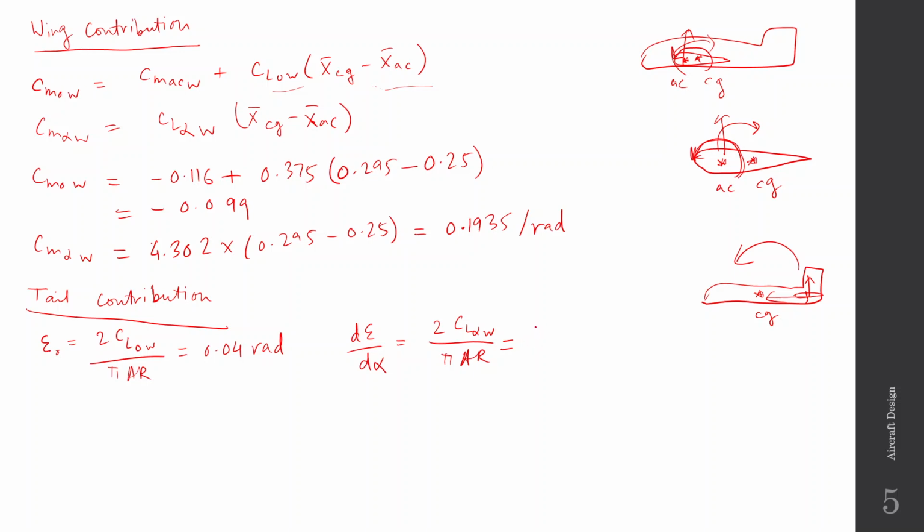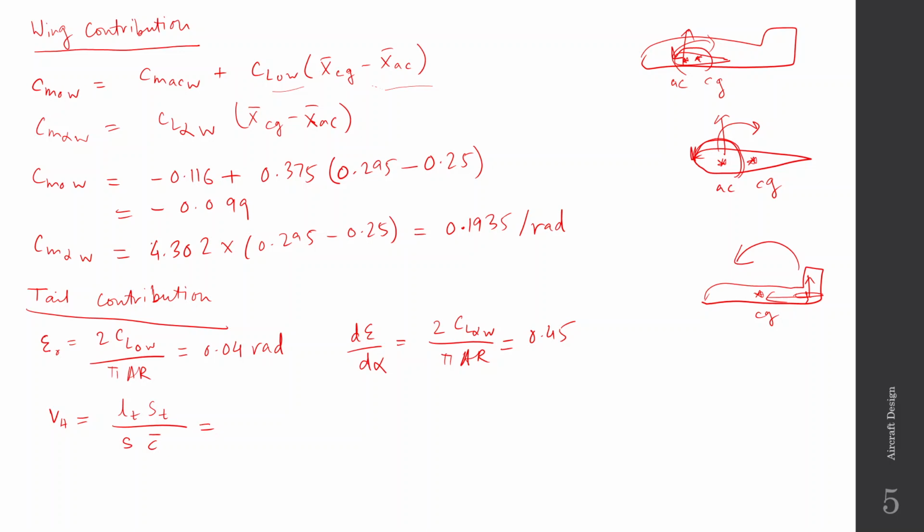So now you can calculate this as 0.45. Next we have to calculate the horizontal tail volume ratio. This is equal to LT ST by S C bar. You can substitute all the values and calculate this.